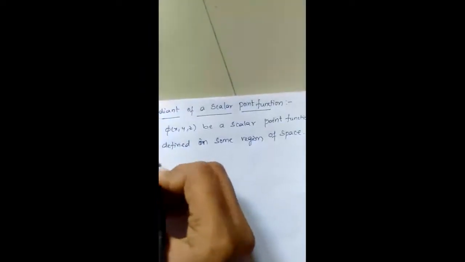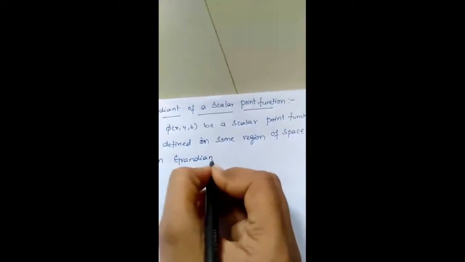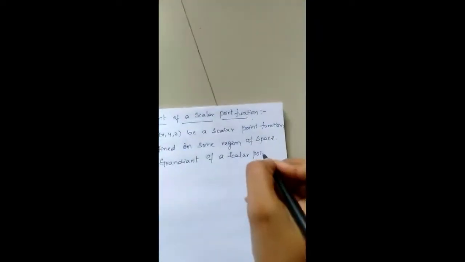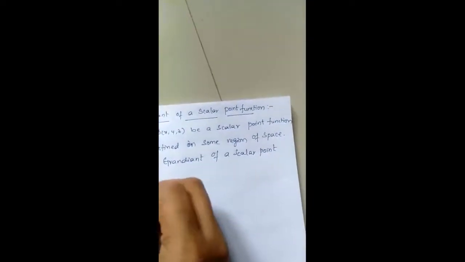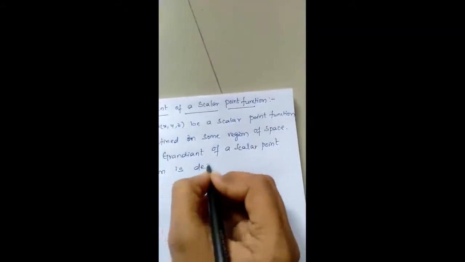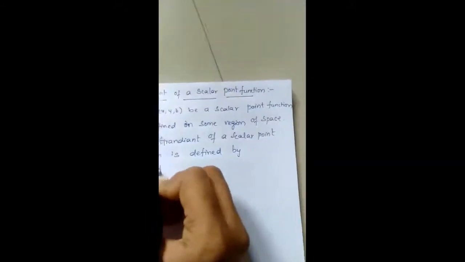Then the gradient of the scalar point function is defined by del phi, which we write as grad phi.